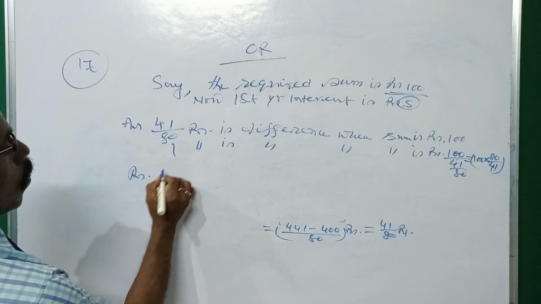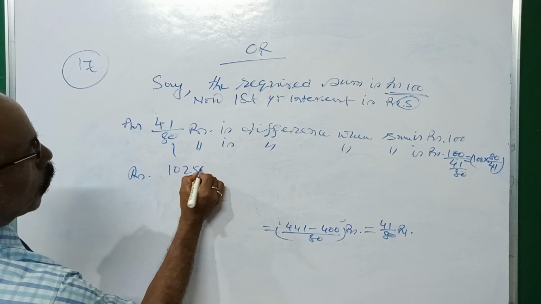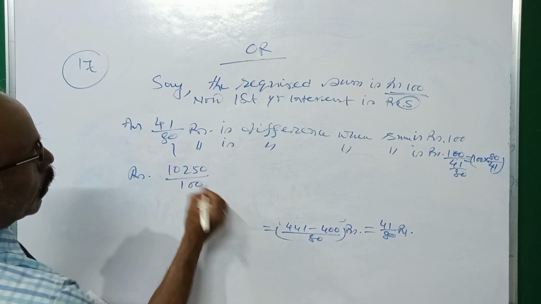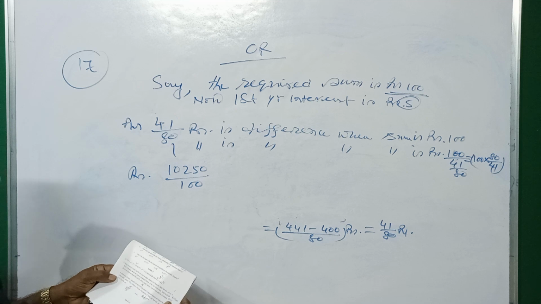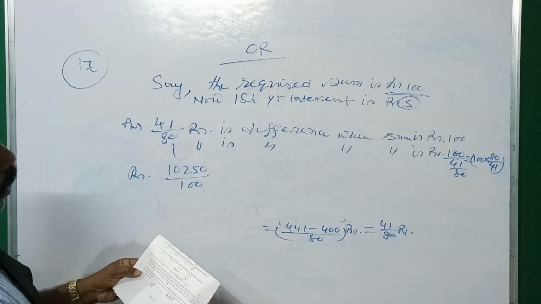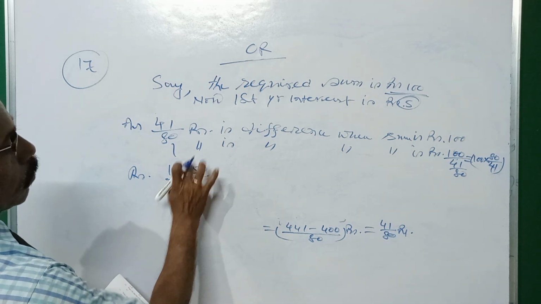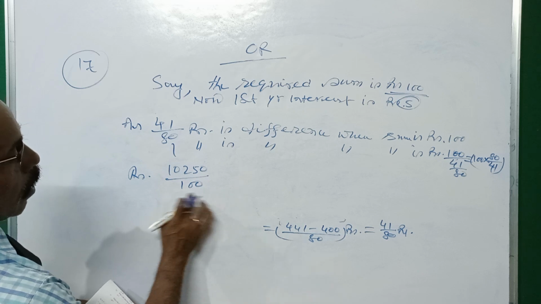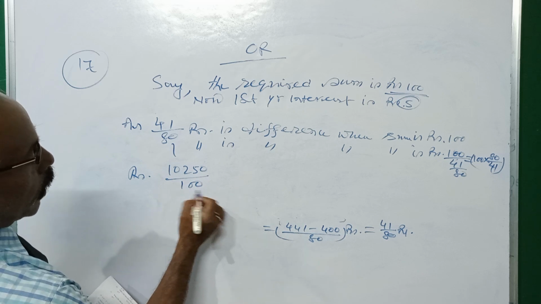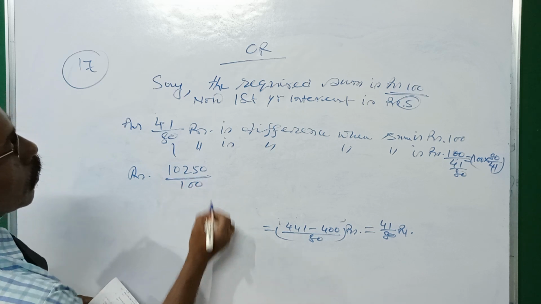As the difference is 102.50, my dear student, whenever the decimal point is removed, then the denominator will be 100.